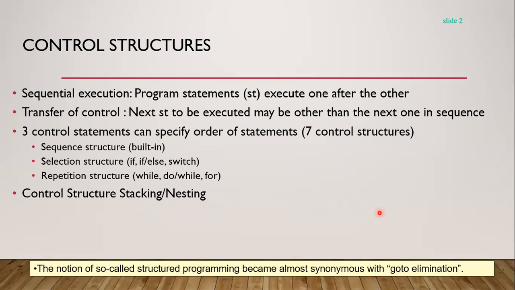So with the passage of time, it was realized that this go-to is the source of many issues in the programming. So instead of go-to, the language has been improved with sequences like if then else and do while loops. So the elimination of the go-to becomes the norm or synonymous for the structured programming.